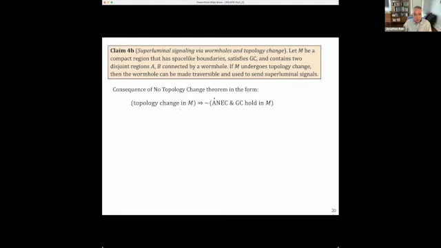So the no topology change theorem is the statement: if there's topology change in M, then either the average null energy condition is violated in M, or the generic condition is violated in M. And so if we assume the generic condition, that entails the average null energy condition is violated, and that's an ingredient in transforming a non-traversable wormhole into a traversable wormhole.